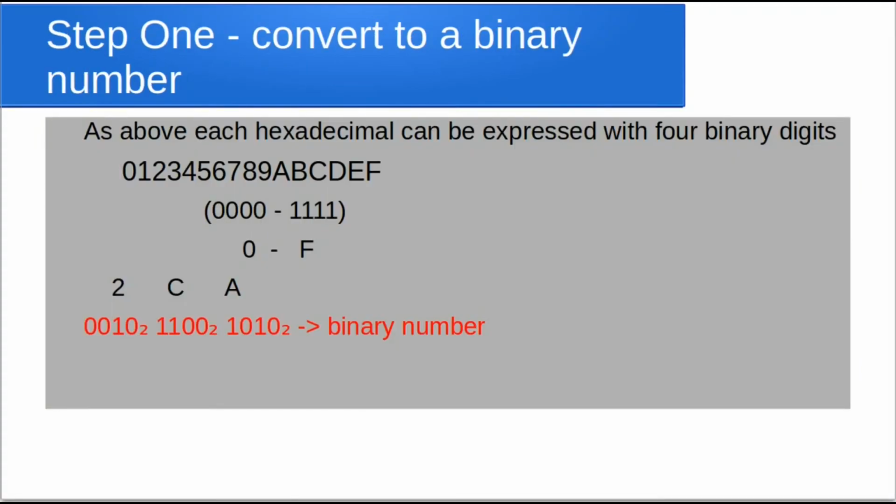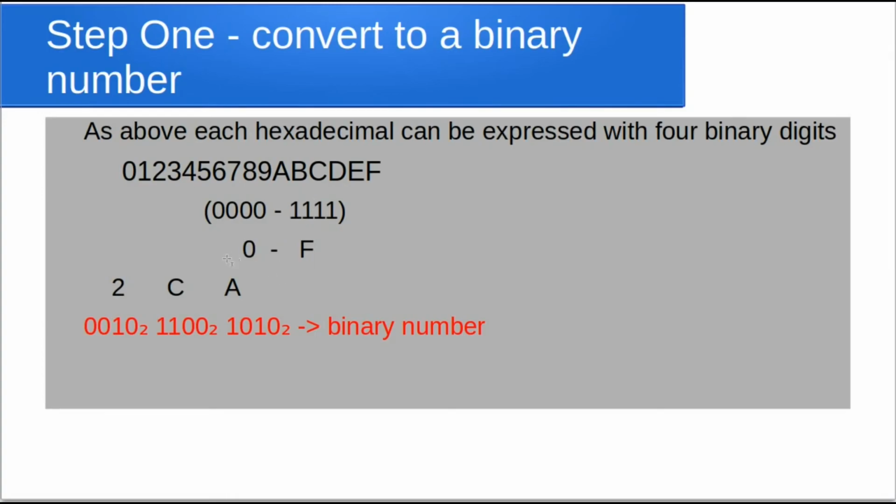So on step 1, we convert to a binary number, and as above, each hexadecimal digit can be expressed in 4 binary digits, and we did that before. So we know a hexadecimal number is 16. It goes from 0 to F, and the 0 we've got here represented as 4 zeros, and the F, or this.